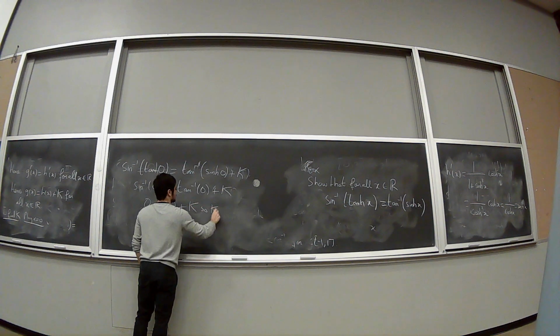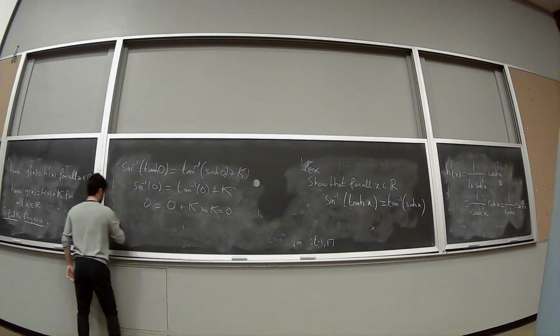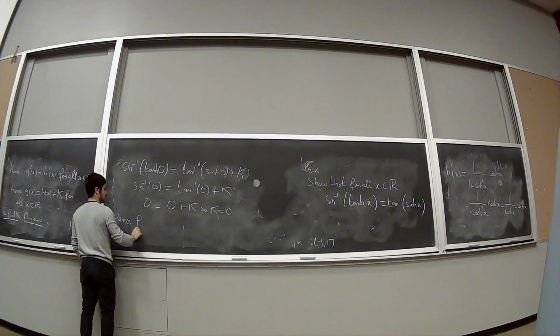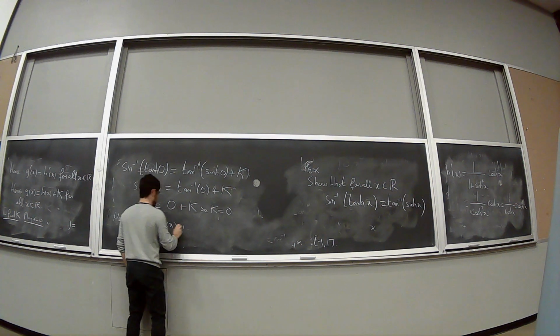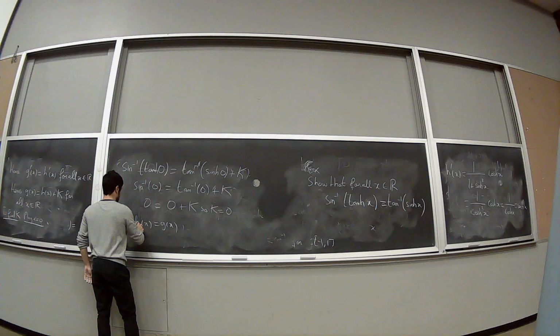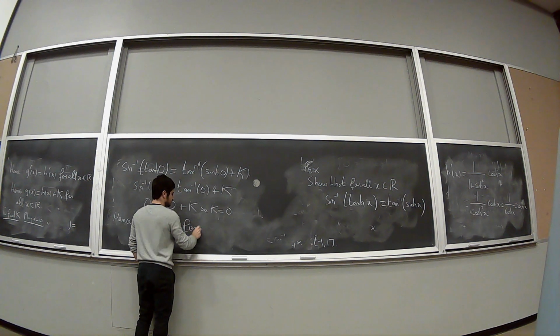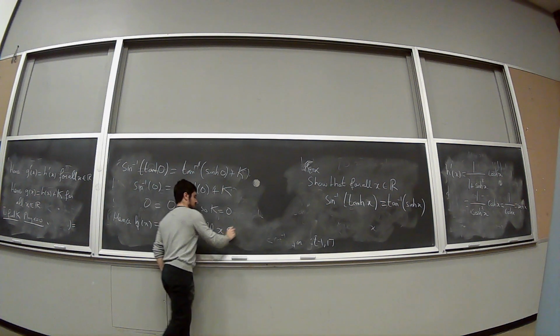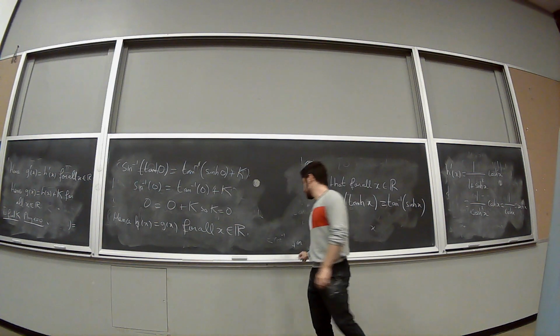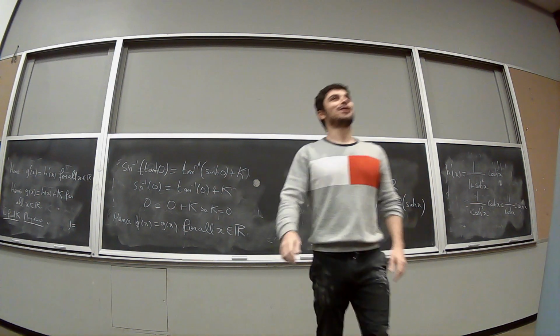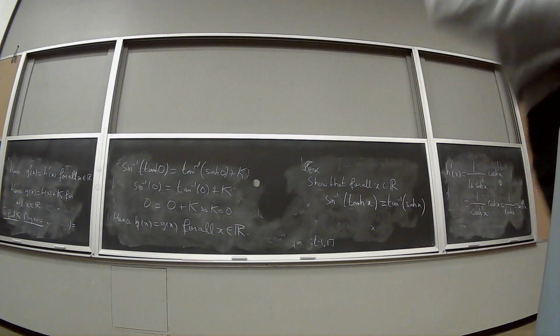So k is equal to 0. Hence, g of x is equal to h of x for all x in R. Okay, this ends the series on the mean value theorem.